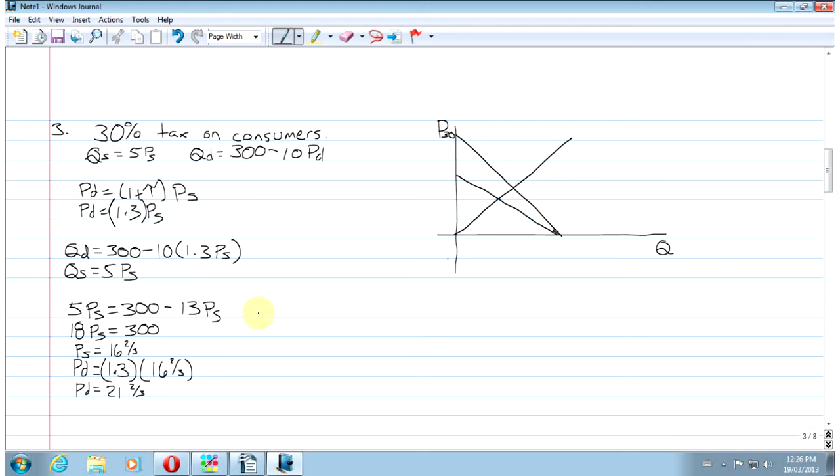Okay, well I guess it wasn't this question where I got all kinds of weird rounding, it was the Monopoly question where I got all kinds of weird rounding. Okay, so PD is 21 and 2/3, PS is 16 and 2/3, so from that we can come up with some market quantity. Again, easier to use the producer price and just multiply it by 5. Okay, so it's 83 and a third.